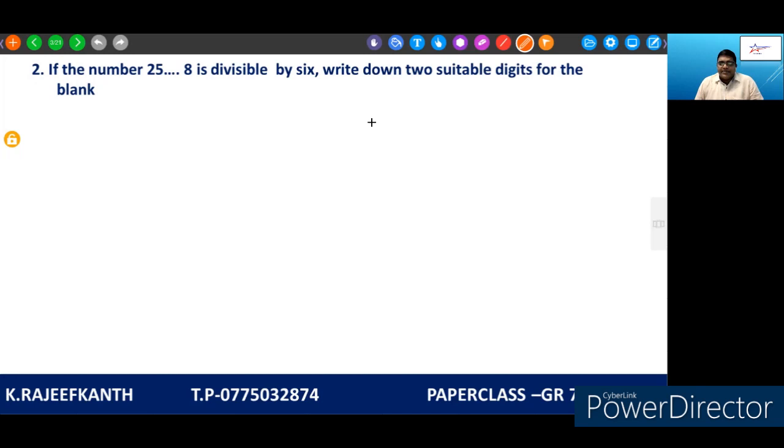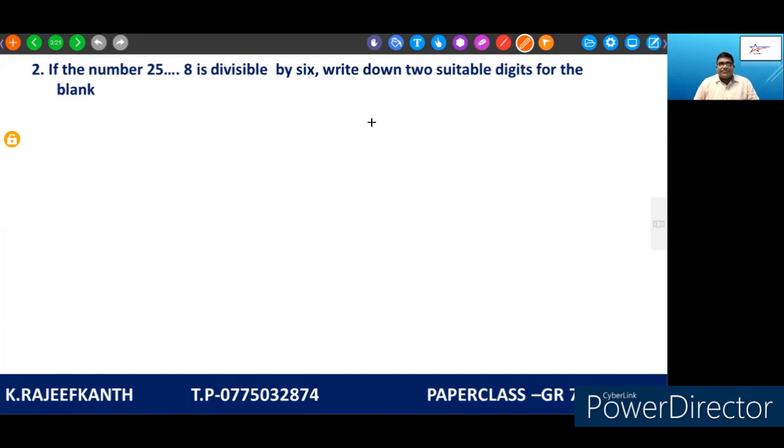Already you have learned the divisibility rule for 6. If a number is divisible by both 2 and 3, then that number is divisible by 6.